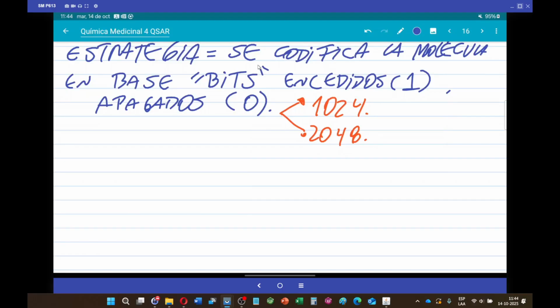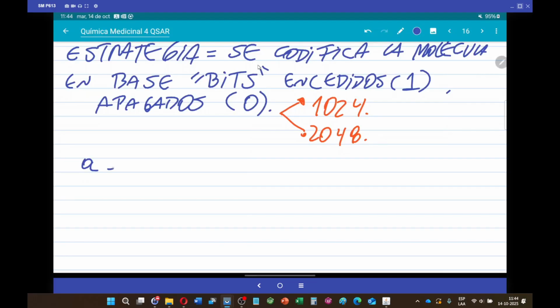In theory, if one has defined what each bit is equivalent to in terms of fragments, one should be able to go from there to what is called the SMILES of the molecule, the molecule represented in a linear way. But we are only going to go to the number that interests us now. Look at the example.